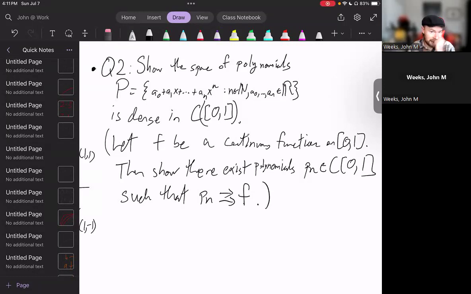Not only do they just get there eventually, they actually uniformly converge. You can imagine this as taking something like e to the x, not a polynomial at all, but you can take polynomials that eventually form fit to give you the type of function that you're getting.